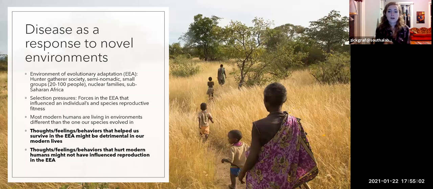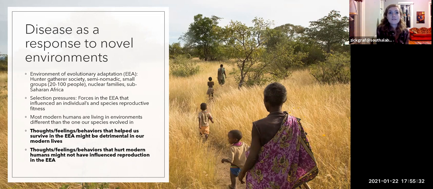This is a picture of people from the Hadza tribe in Tanzania. They are one of the last modern hunter-gatherer societies. So evolutionary psychologists study their culture. They study their responses to situations that are analogous to situations that people living in other environments, people living other lifestyles might experience, to see how people who are living a lifestyle that's pretty close to the one that we evolved in might react.